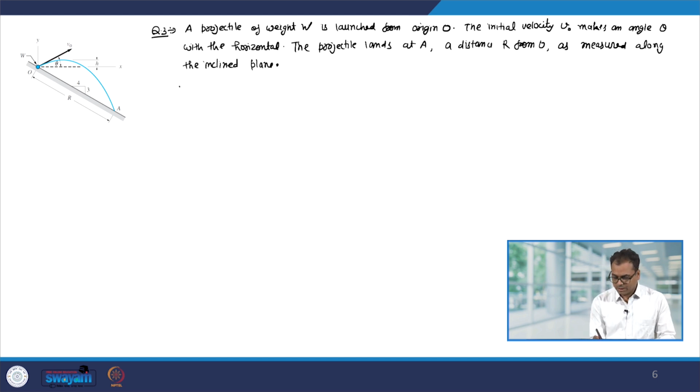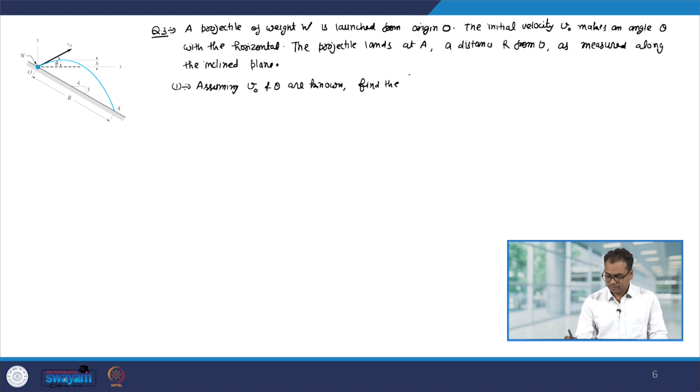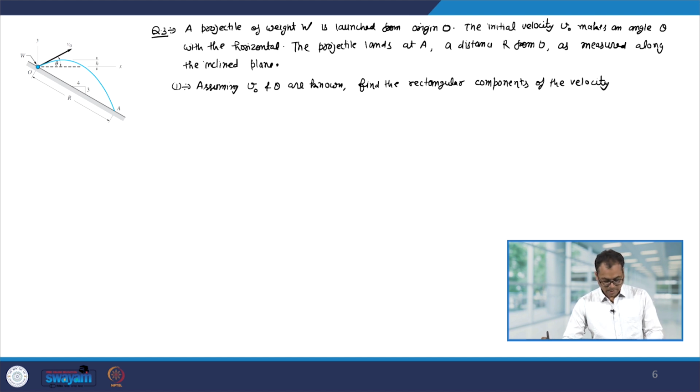And we have been asked the following: assuming v naught and theta are known, find the rectangular component of the velocity and position of the projectile as a function of time.